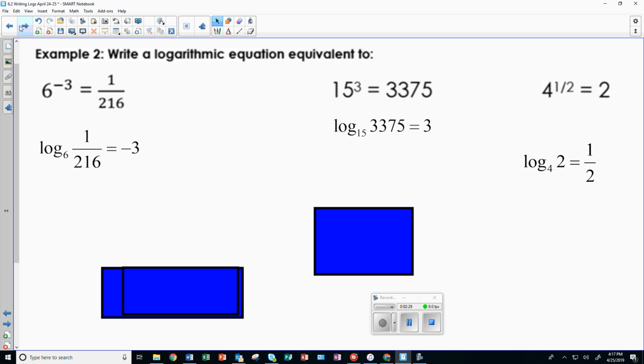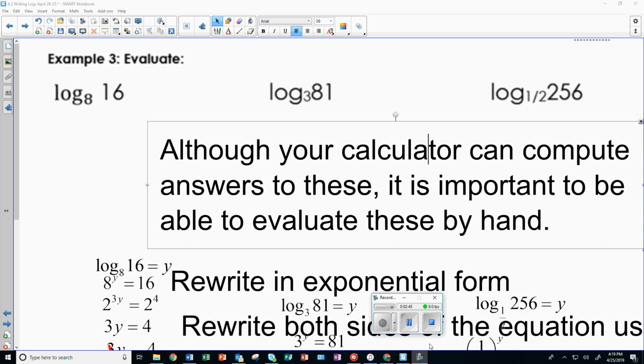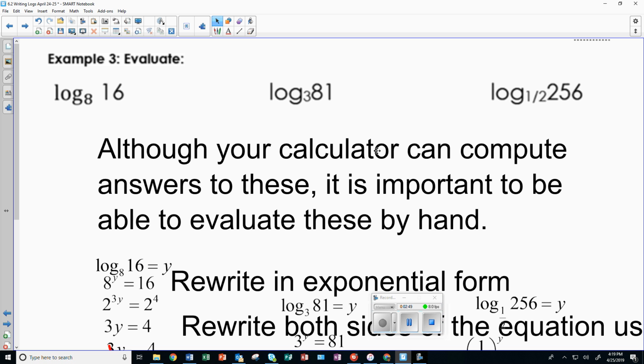Okay, you got it? Then let's look at the last few examples here. Now, suppose we're going to evaluate the log base 8 of 16. Although your calculator can compute answers to these, it is important to be able to evaluate these by hand or without a calculator.